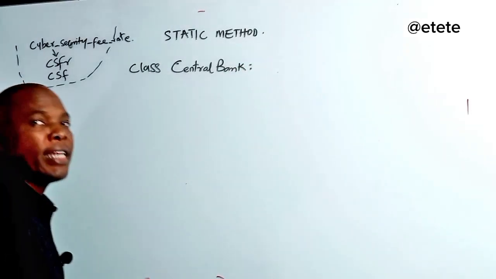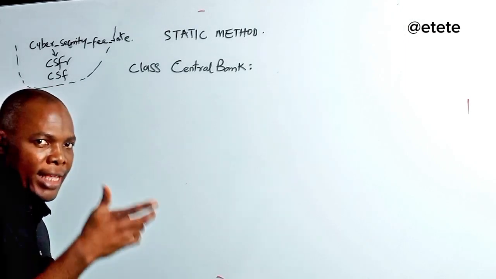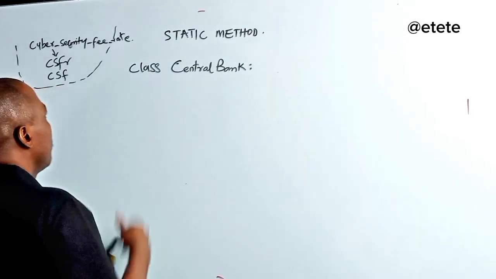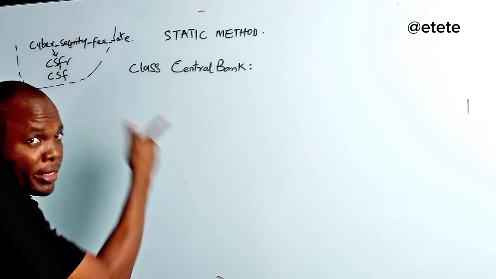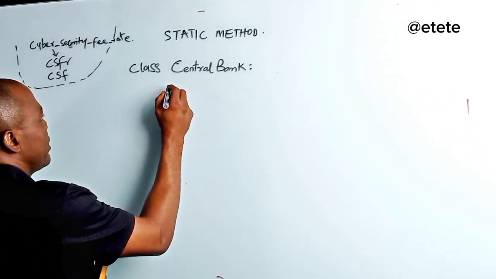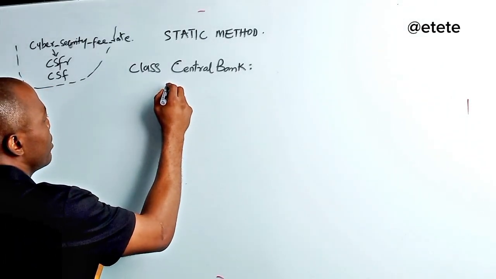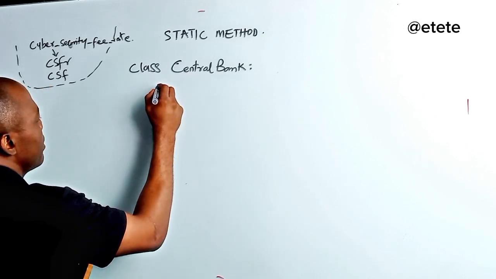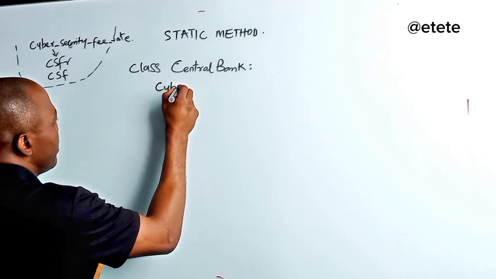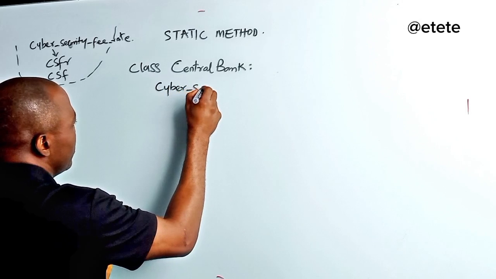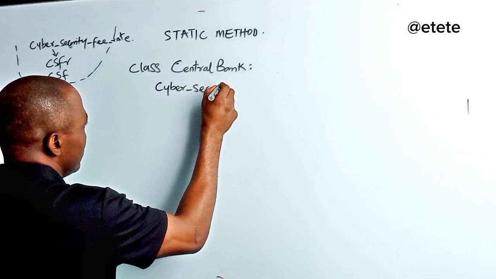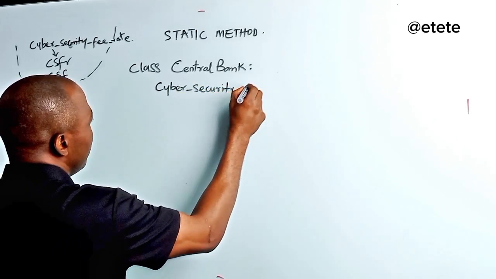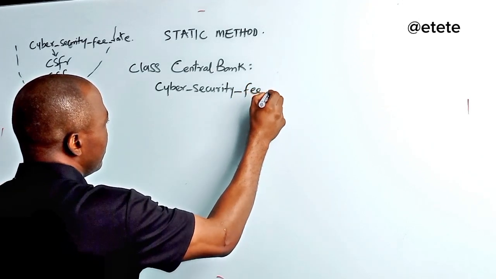Now, inside this central bank, I'm going to declare the class variable, which will be the cyber security fee rate. Let me write it in full: cyber security fee rate.